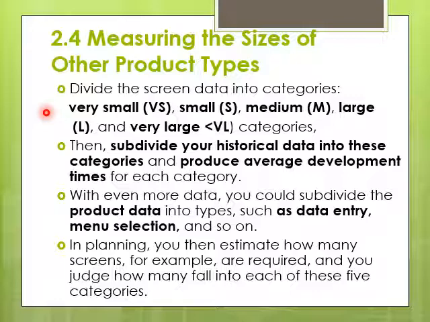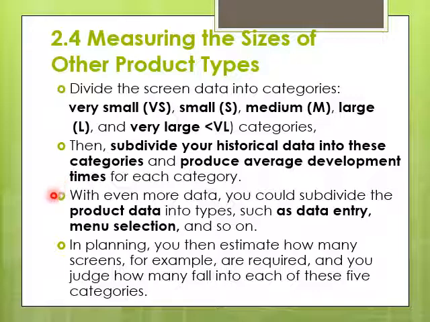So the method used in PSP is to divide this data into very small, small, medium, large, and very large categories. Then subdivide your historical data into these categories and produce the average development time for each category.